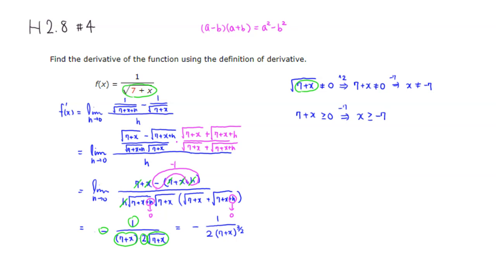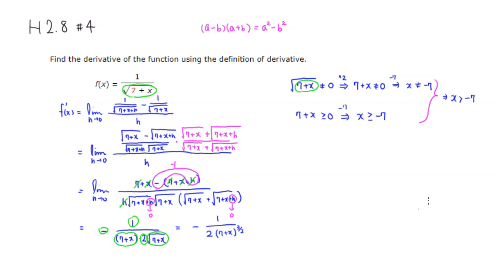By combining these two conditions together, one said x cannot be -7. The other one said that x is greater than or equal to -7. So we have to eliminate -7 there. So this means that x has to be strictly greater than -7.